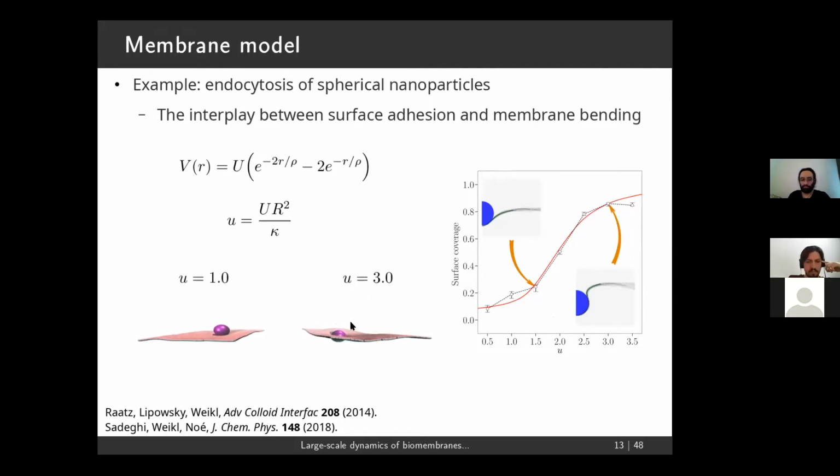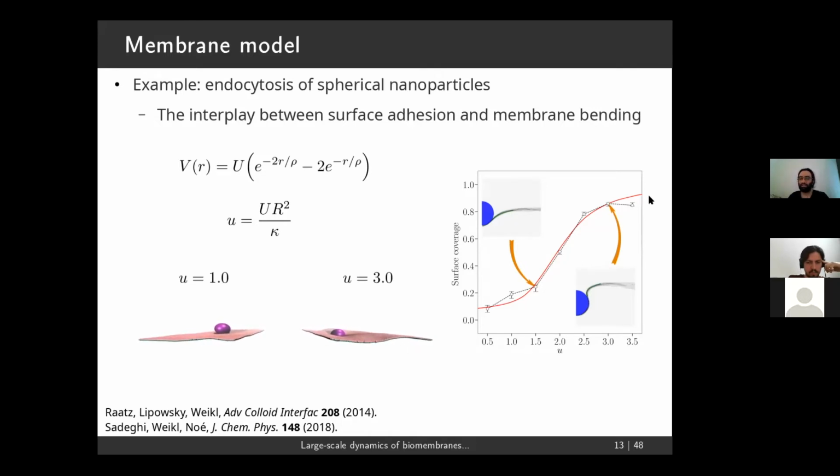So this is a study that we did on this system. The bending rigidity is held constant, and we can work with different nanoparticles that interact with the surface of the membrane with different parameter u. By increasing u, we can encourage or discourage the nanoparticle being wrapped by the membrane.